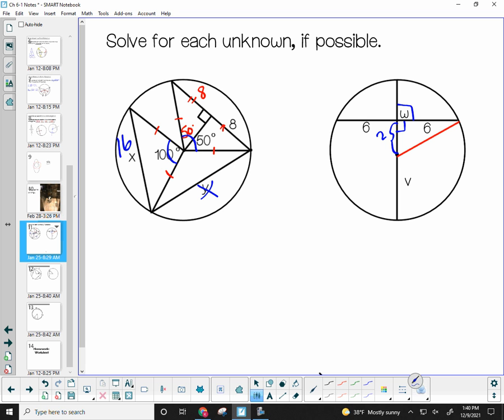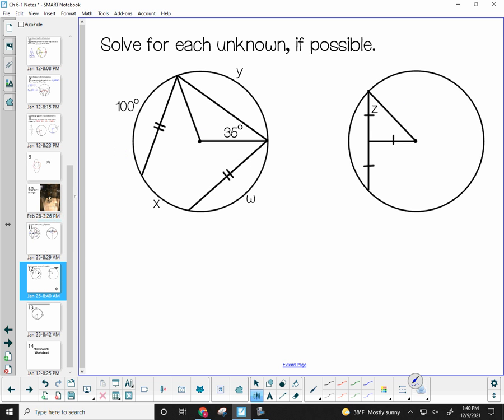I could use the Pythagorean theorem if I had known this length here: a squared plus b squared equals c squared, to get my radius, my hypotenuse. I could not in this situation, but I wanted to throw it in because there is one on your homework where you can redraw the radius and use the Pythagorean theorem. All right, I'm going to give you about 2 minutes to do the next two. I feel like these are a little bit easier.